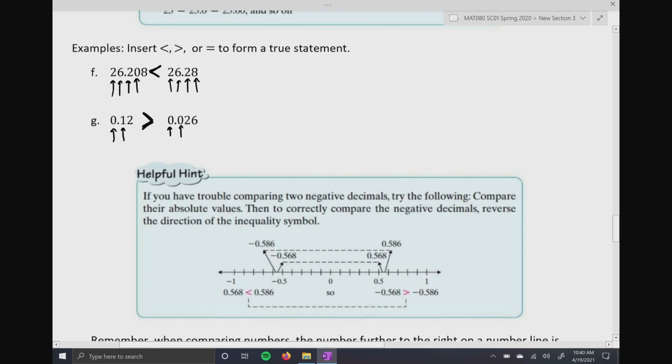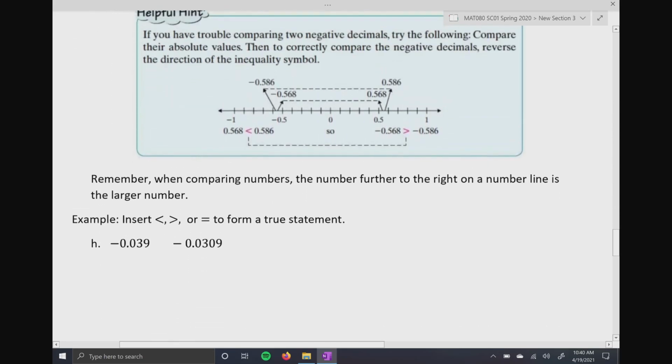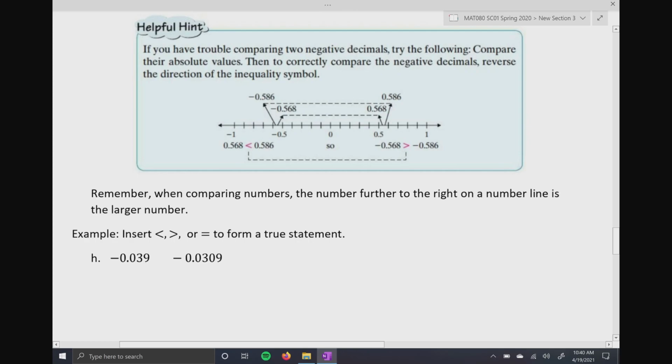Let me show you. Down below, we are going to compare negative 0.039 and negative 0.0309. What they're saying here is this. Write out the positive values and compare them.